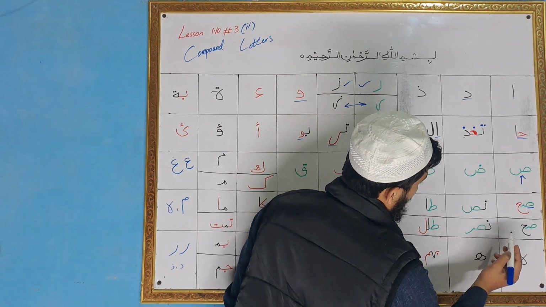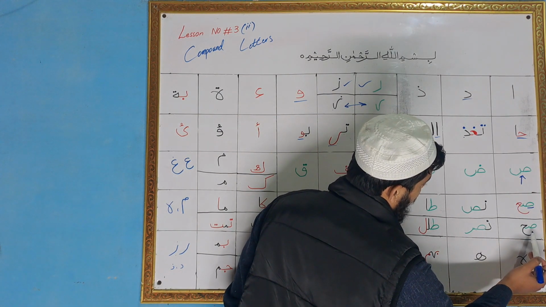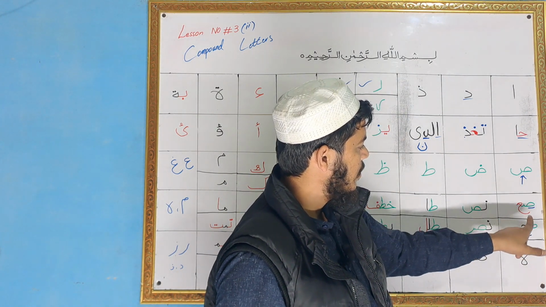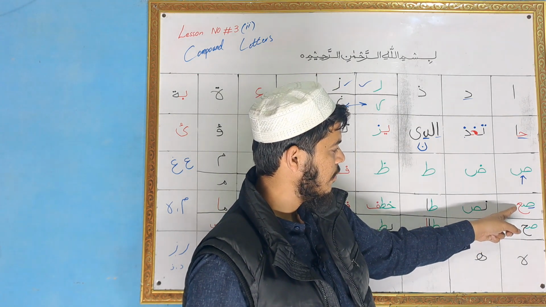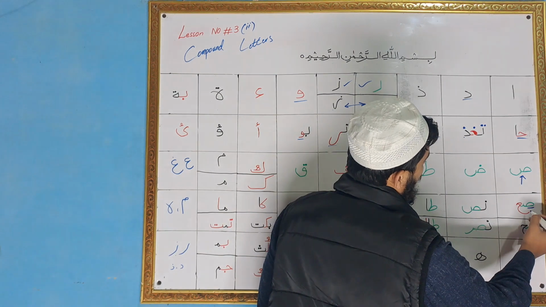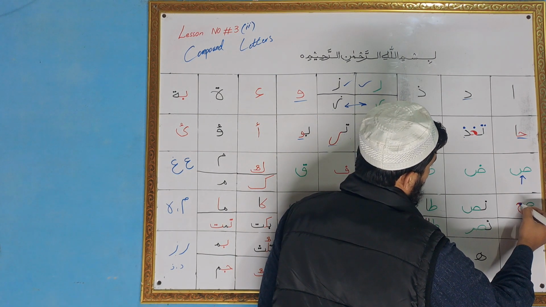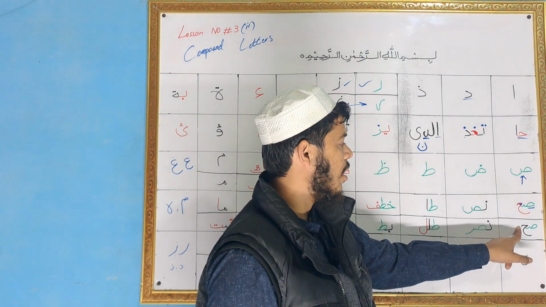So sometimes you could get confused between Sad, Ain and Ha. So you can see, Sad is like this, and Ain will be filled up like this. Okay, Sad, Ain, and this letter will be Ha.